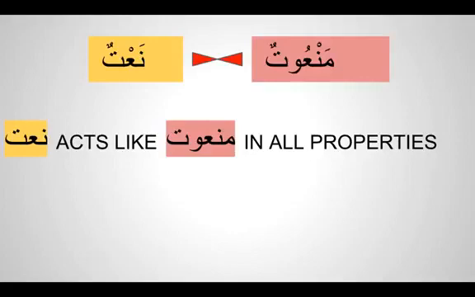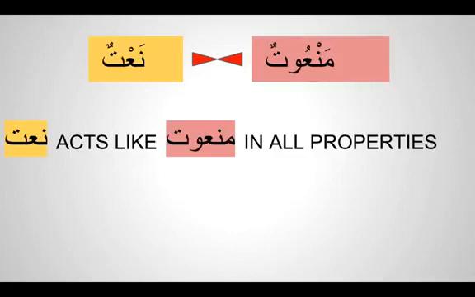So these naat and man'ut have a relationship as well. Like we have learned many different relationships: jar majroor, mudaf mudaf ilayhi, badal, and ismul ishara. This is a naat man'ut. Even these two have special characteristics which are very easy to identify.